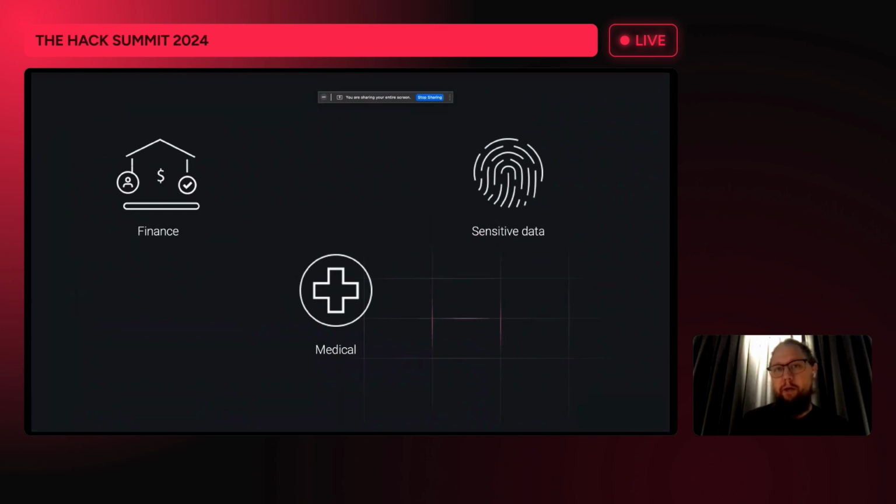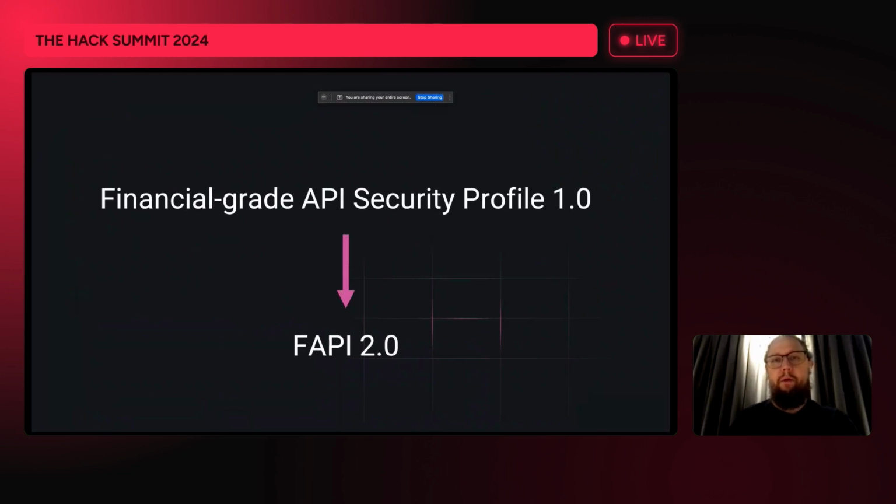So I think we should look at most of our data as sensitive data these days. This is also why that working group changed their name from the Financial-grade API working group to FAPI. And actually they're very close to releasing the second version of that security profile. They also changed the name of the profile to FAPI because they didn't want it to be associated with finance.